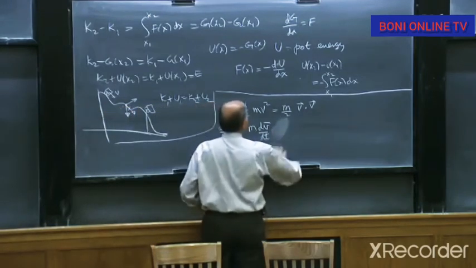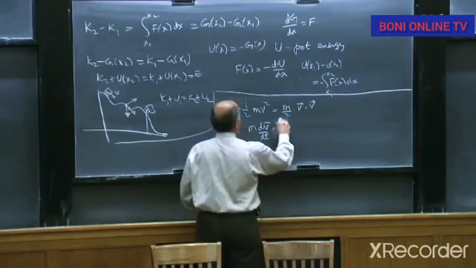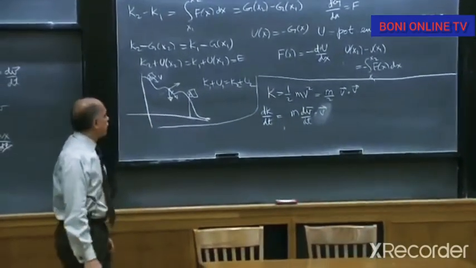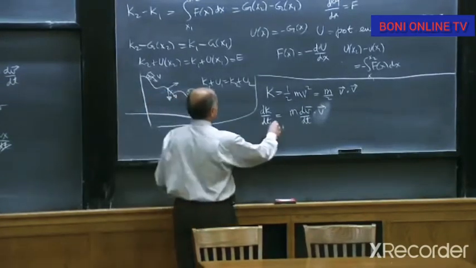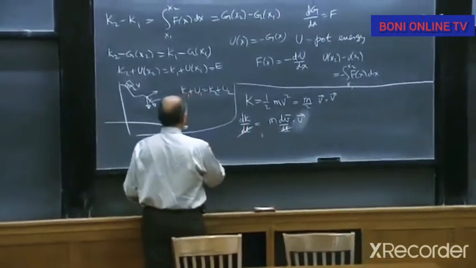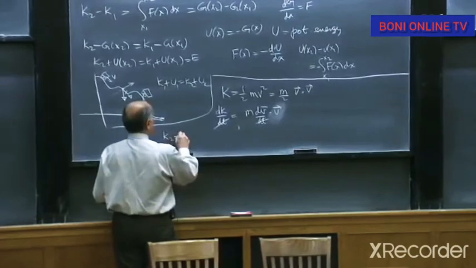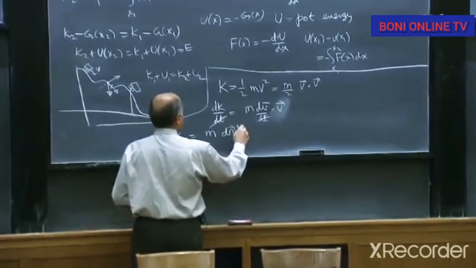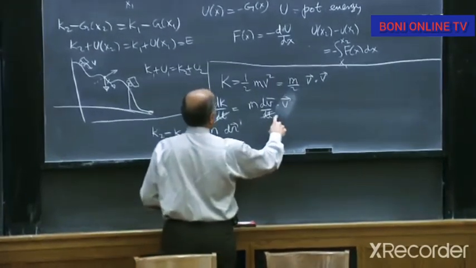It's not m dv/dt, it is m dv/dt dot v. So if you integrate this, cancel the dt, and add all the changes, you will find K2 minus K1 is m times dr. Let me see.